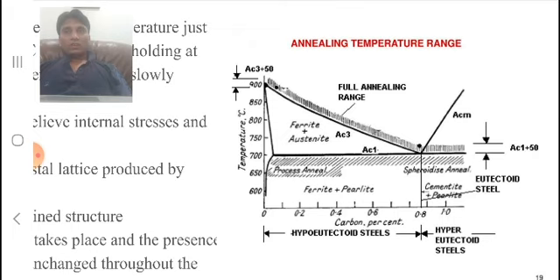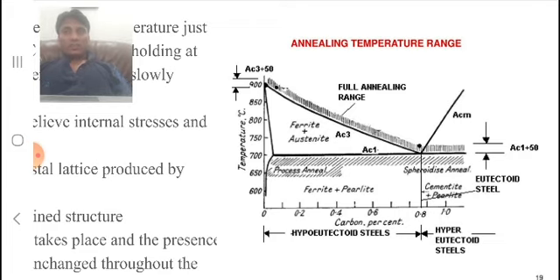But this is not the case with normalizing and hardening heat treatment processes. So we will be seeing how the grain structure changes from fine to coarse in annealing, and coarse to fine in normalizing or in quenching. To convert fine grain structure to coarse grain structure, the annealing process is used.